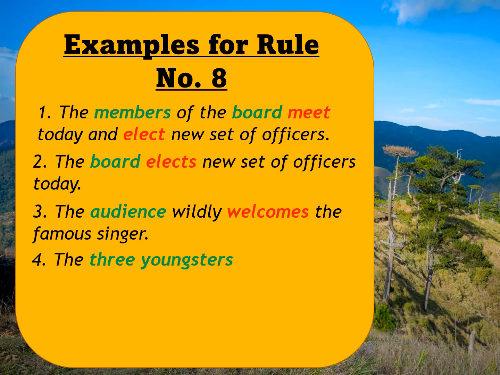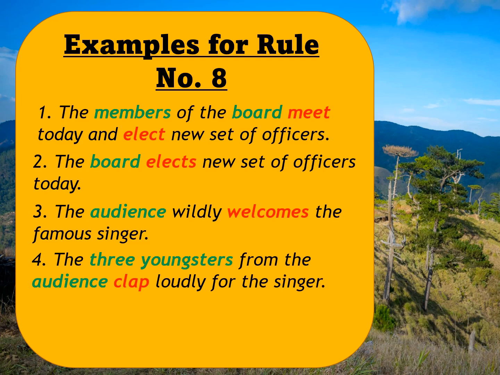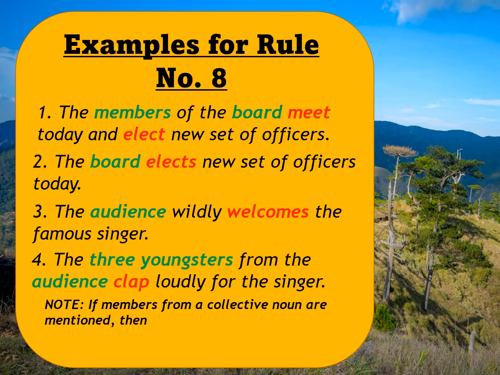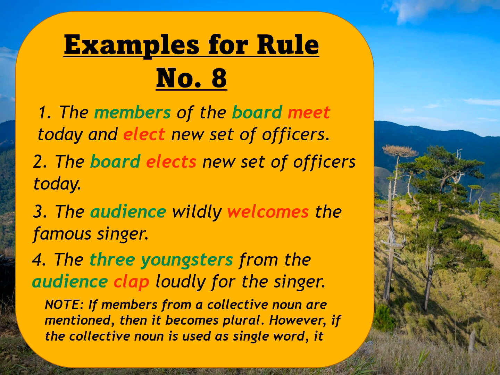Number 4, the 3 youngsters from the audience clap loudly for the singer. Note, if members from a collective noun are mentioned, then it becomes plural. However, if the collective noun is used as a single word, it is singular in form.